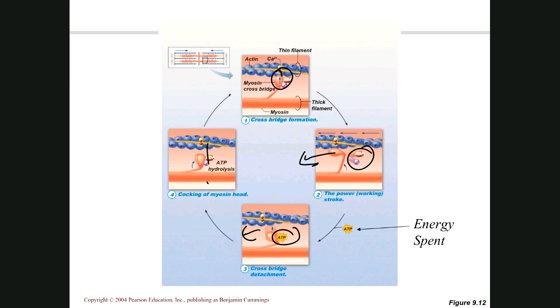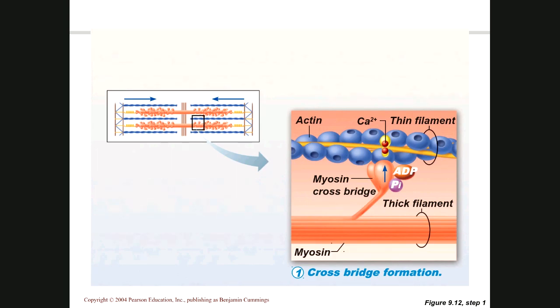So let me show you here real quick. Okay, so what has happened here? Calcium bound to troponin. You should definitely know what each of these proteins do. So troponin binds calcium.